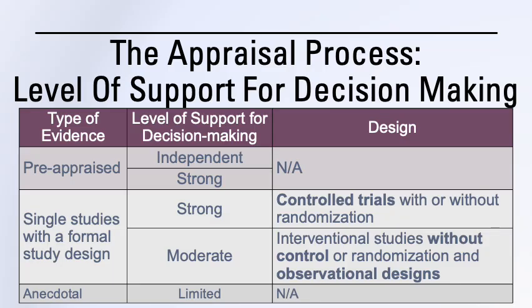Pre-appraised evidence that completely answers your EBP question and does not meet exclusion criteria provides independent support for decision making. This means you can make a practice change decision based solely off of a piece of pre-appraised evidence, provided there is no new evidence that has been published since that piece of pre-appraised evidence was completed.